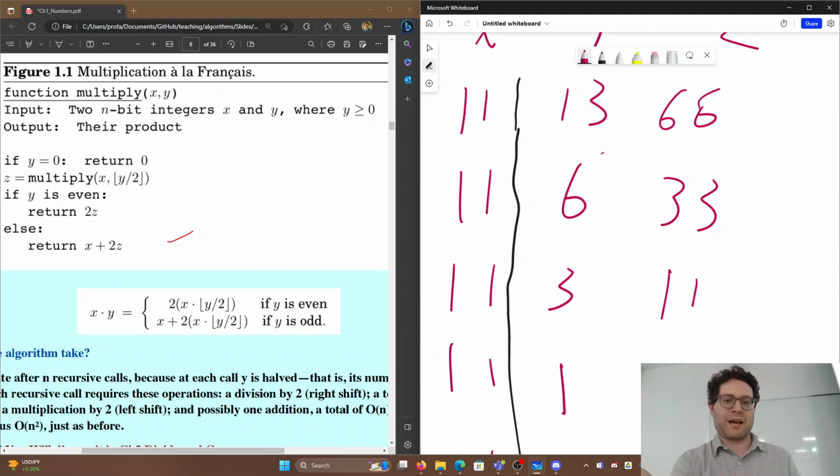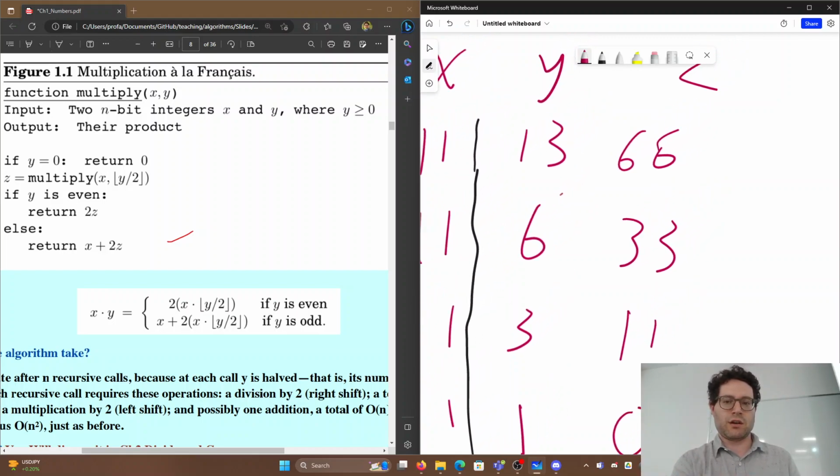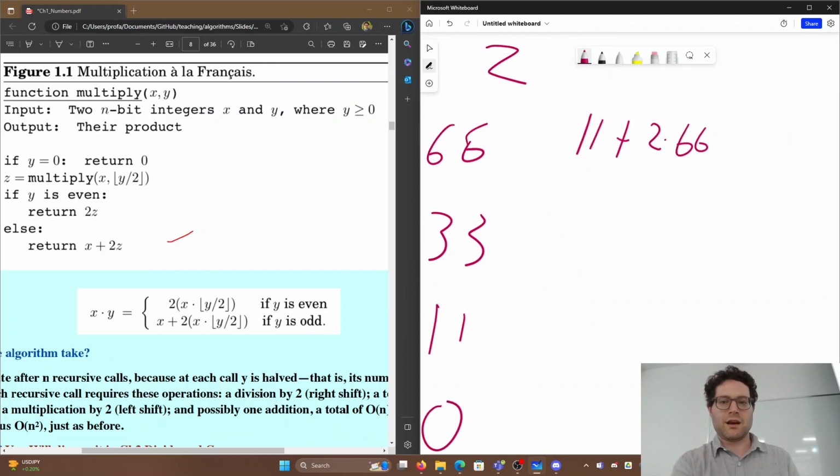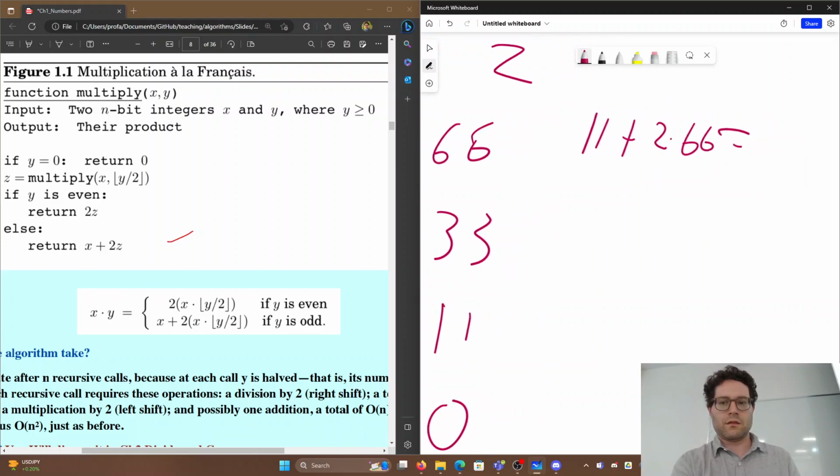Now we're finally back at the top. Is y even? No, it is not, so return x, 11, plus 2z, which is 2 times 66, right? What, did I make a mistake? Oh, no, sorry, 6 times 2.